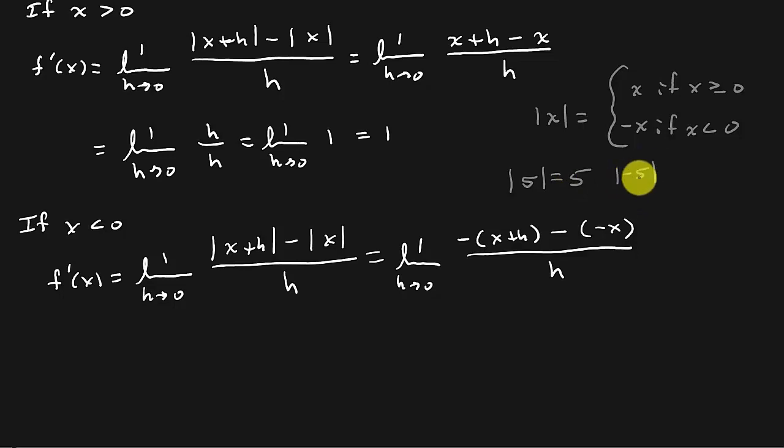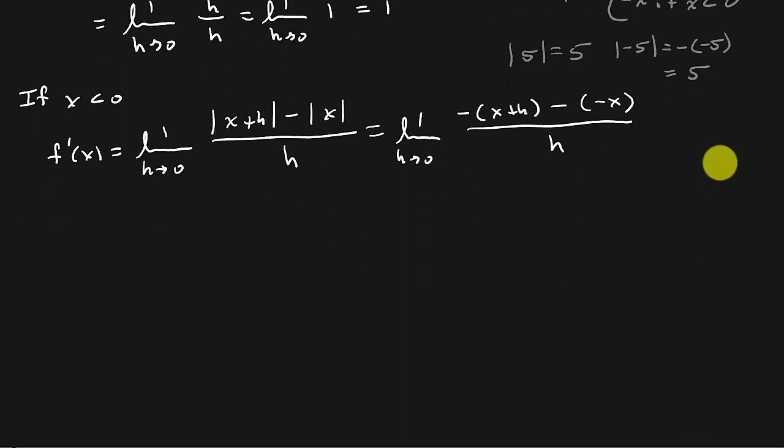The x inside is negative, less than 0, so I use the negative sign and plug in negative 5. Negative and negative gives us positive. That's how it works. Since what's inside is negative, it's equal to the negative of that.